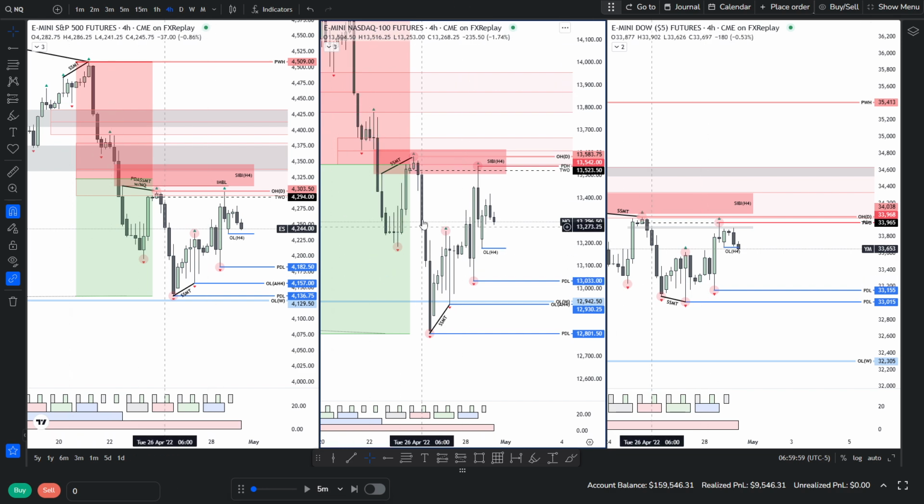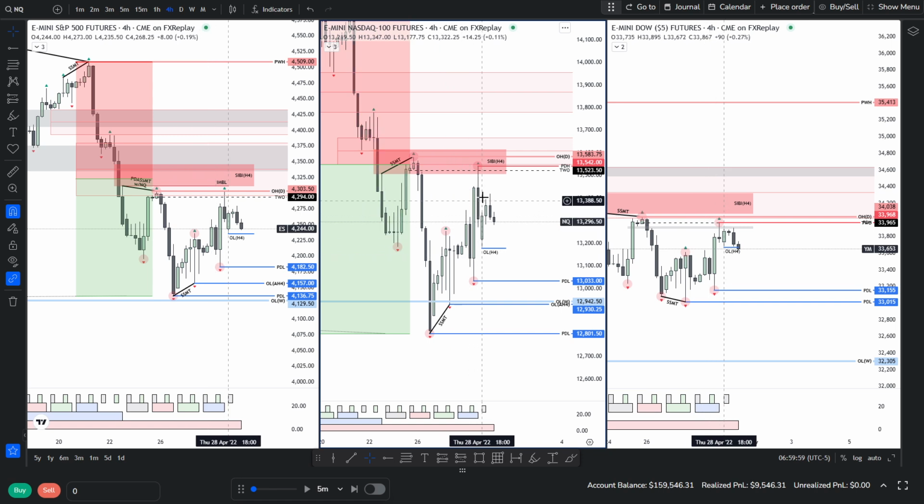We obviously had the high time frame displacement lower. Now the market has retraced a significant amount of this range. We've seen the market come back up, balancing price, filling in these imbalances, and then we saw this impulsive move higher. Market rejects from the CB and trades back down.